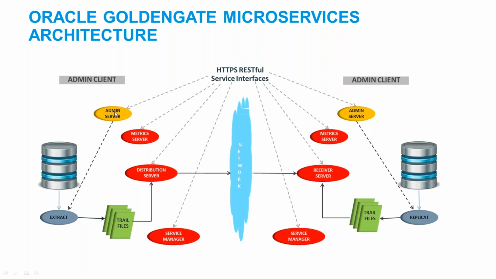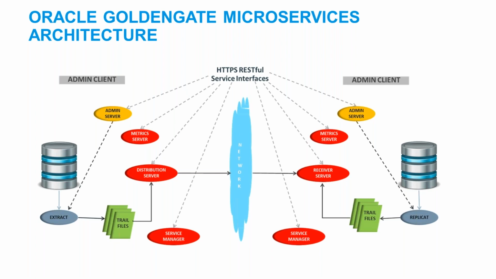Under the admin server, you configure GoldenGate processes like the extract and replicat processes. We are under the administration server now.